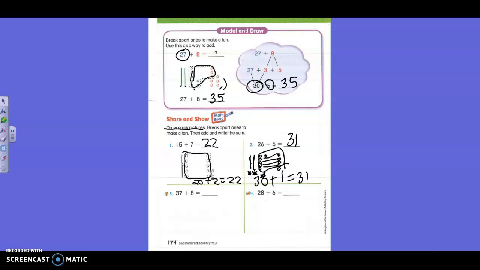How do we do 37? How many 10s? 3 10s. 7 1s.